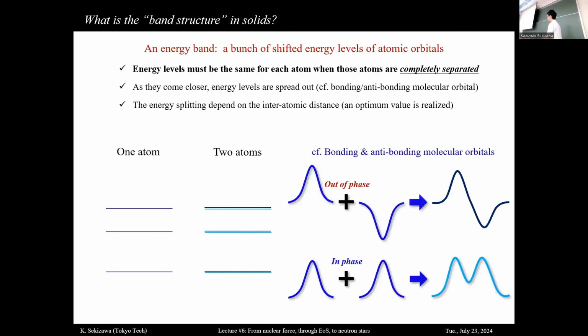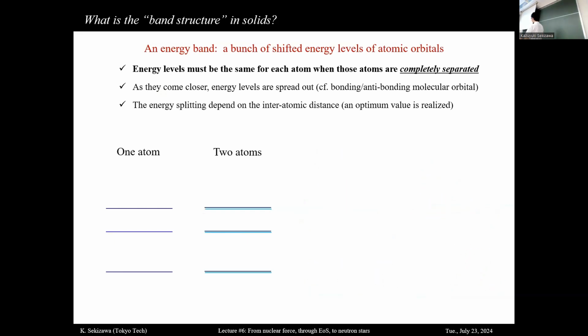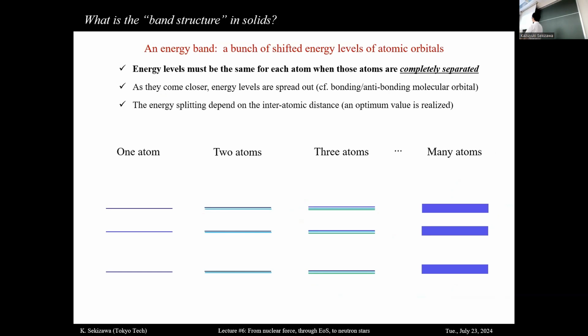And it is related to bonding and anti-bonding molecular orbitals. Okay, something like this and this. And you can continue this further and further. So 3 atoms, 4 atoms, and many atoms. Okay.